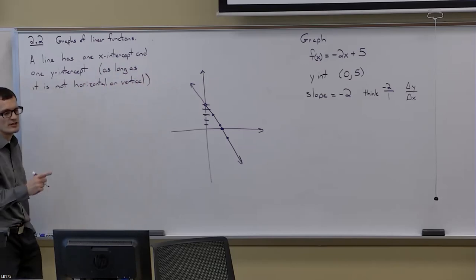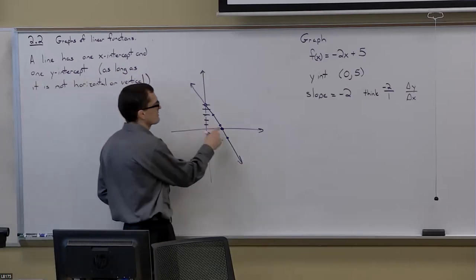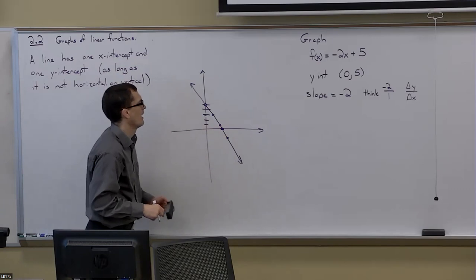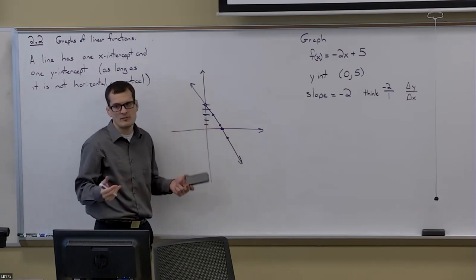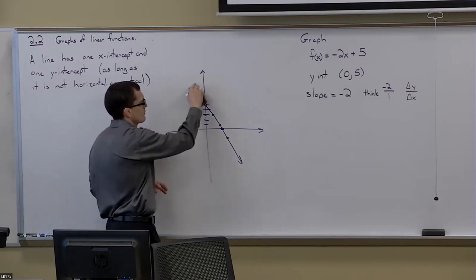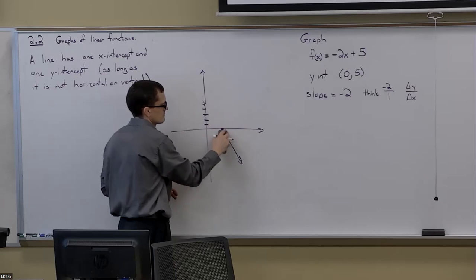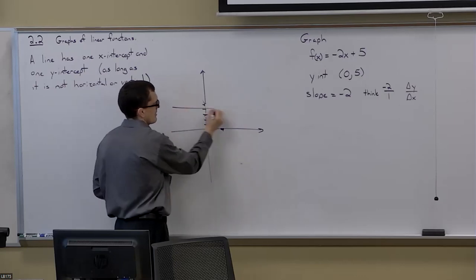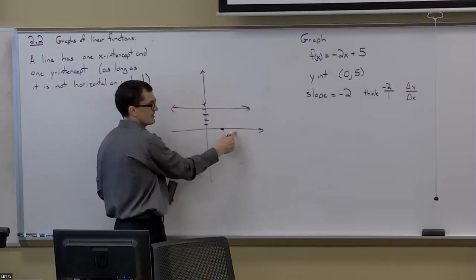So a line is going to cross the x-axis somewhere, and it's going to cross the y-axis somewhere, as long as it's not a horizontal line, because if it's a horizontal line, it would never hit the x-axis.